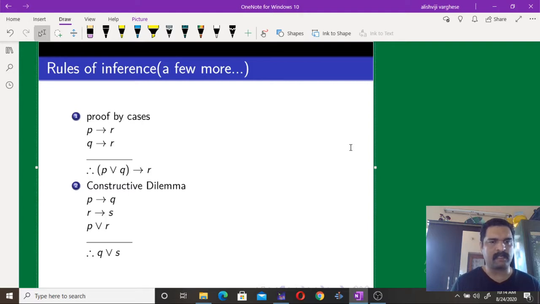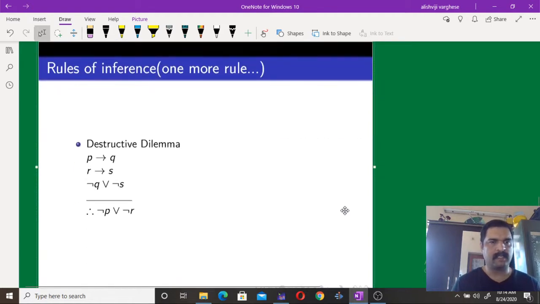Then constructive dilemma. P implies Q, R implies S, then P or R. Then we can conclude that since P implies Q and R implies S, and P or R is true, we can conclude that Q or S. That is constructive dilemma. All these are some fundamental rules by which we can check the validity of an argument.